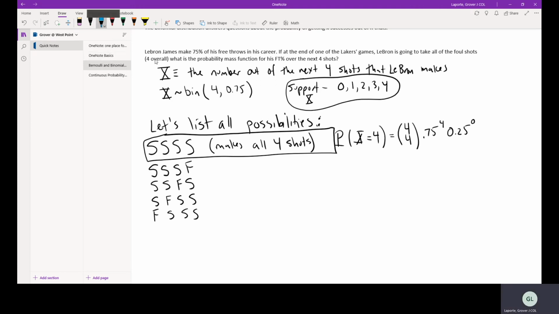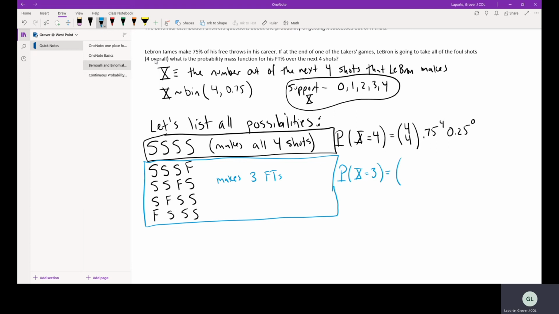So he makes 3 free throws. So I'm going to go ahead and put a little box around these because this represents 3 of them. And we'll make the box the same size as the first one. And then that's the probability that the random variable X is equal to 3.